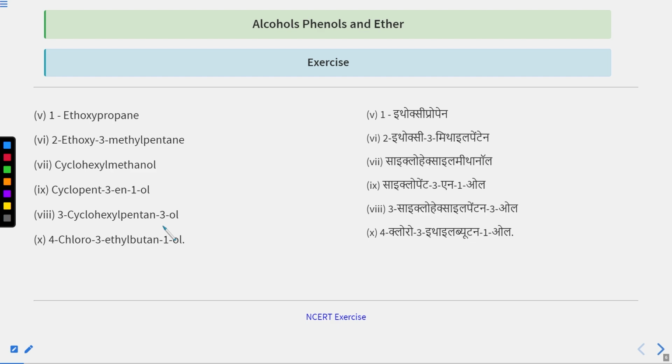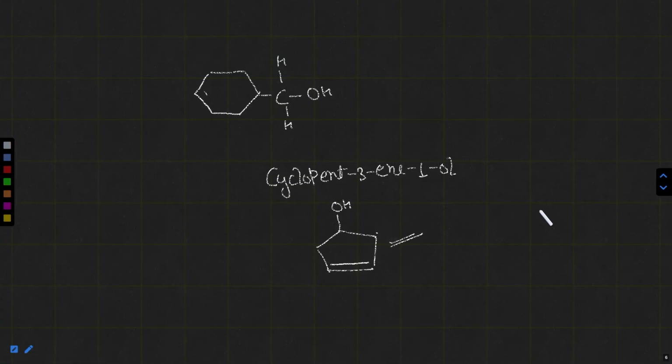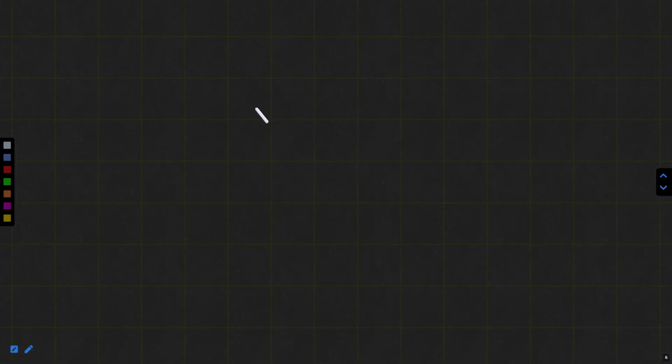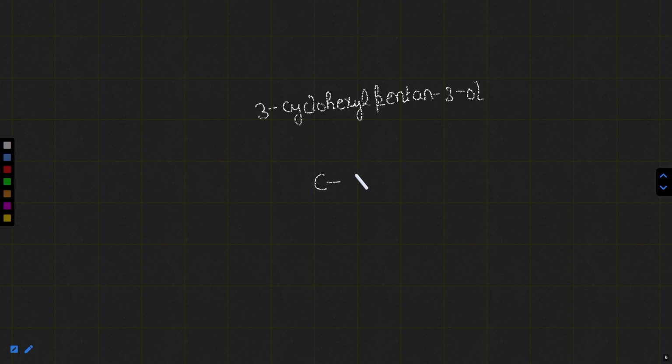After that, we have 3-cyclohexylpentan-3-ol. So first of all, I will write the basic framework, that is pentane.